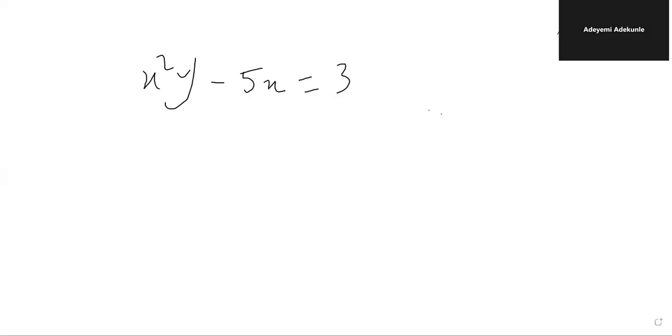Here we have x squared y, so that means two variables are here, meaning you have to differentiate x and y. But anytime you are differentiating y, you have to add your dy dx. That's the format. Anytime you are differentiating y, make sure you add the dy dx to it.